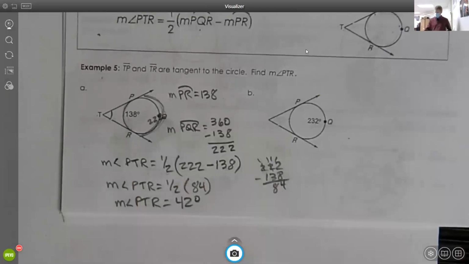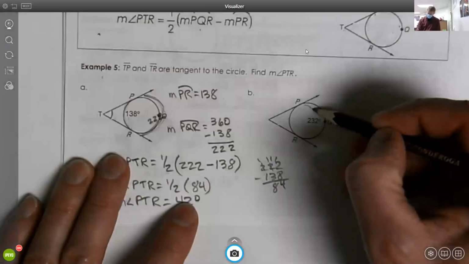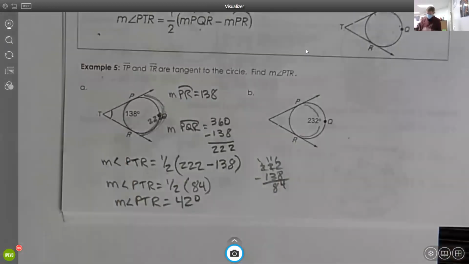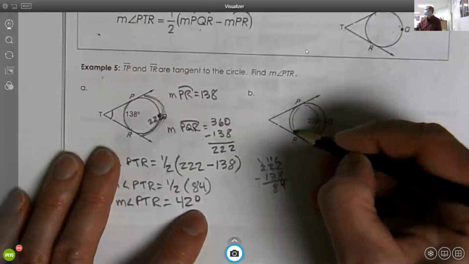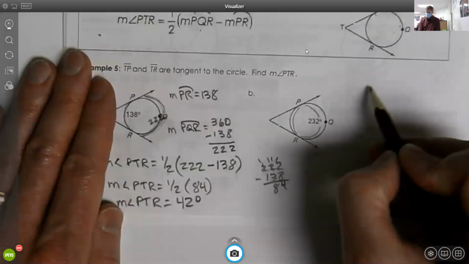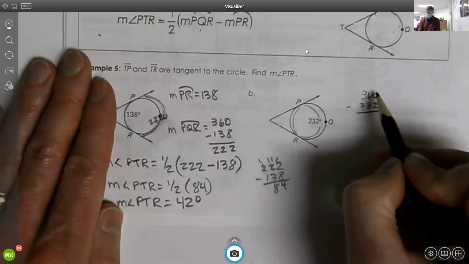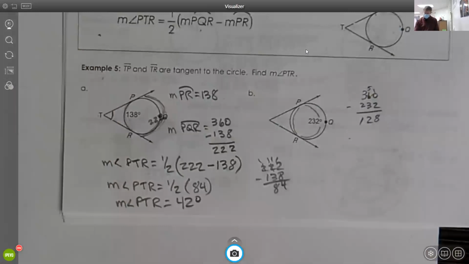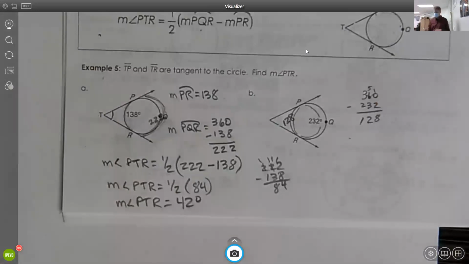So let's try it again over here. This portion is 232. That means this smaller portion inside the two tangents is going to be 360, not counting that 232. So that's going to be 128. So that portion of the arc is 128.